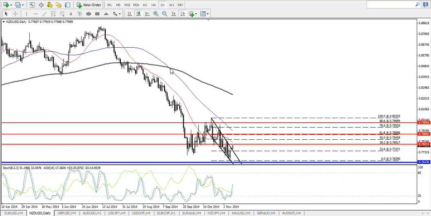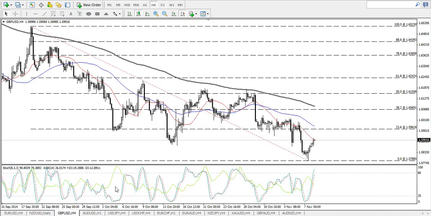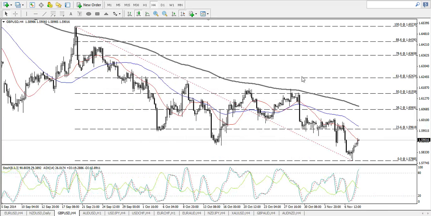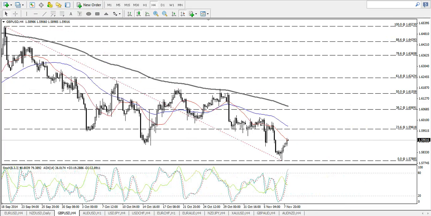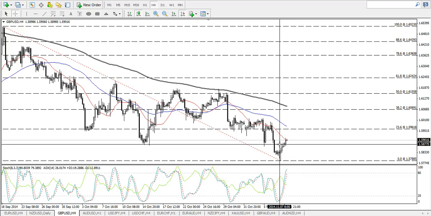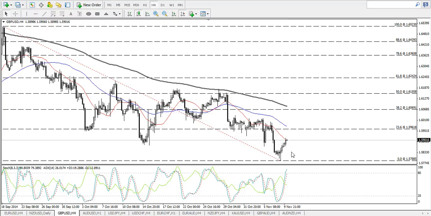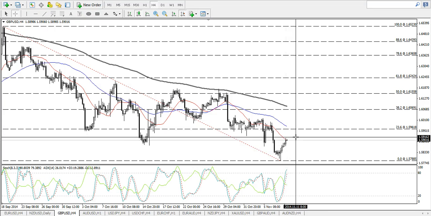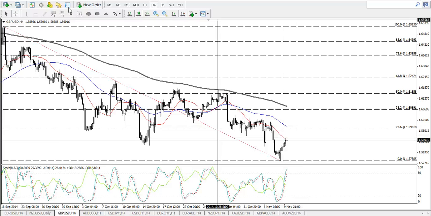Alright, so next we have our pound against the US dollar. Similarly, price has gotten supported at a low of 1.5788, rebounded, and is currently resisted by the 20 moving average.